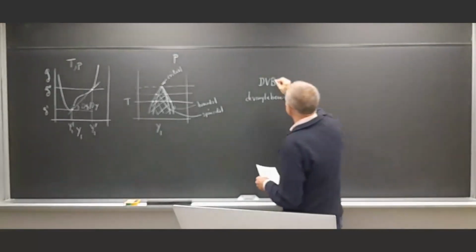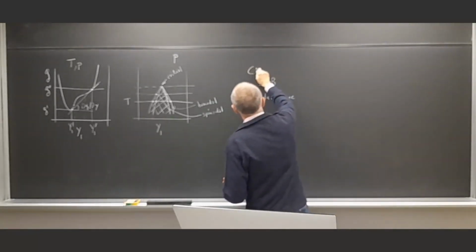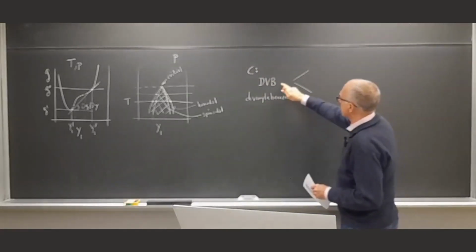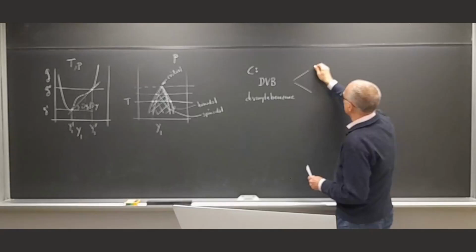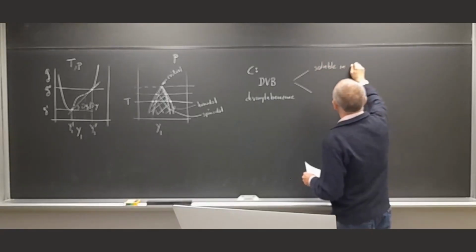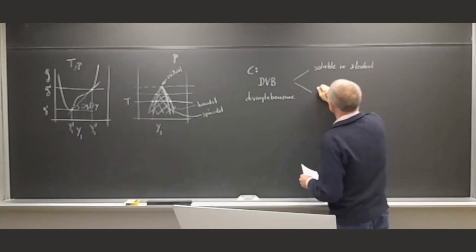Let's say this is a substance C. Now it turns out that this substance is soluble in alcohol, but not soluble in water.